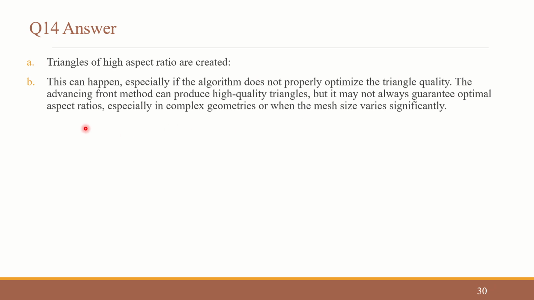So triangles of higher aspect ratio can be created, especially when we are dealing with complex geometries or when mesh size varies very significantly. So this is a possibility that can happen.